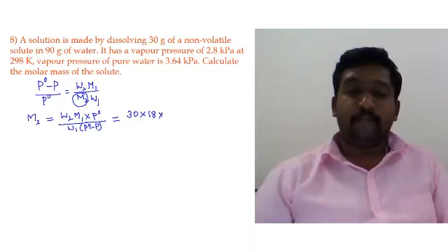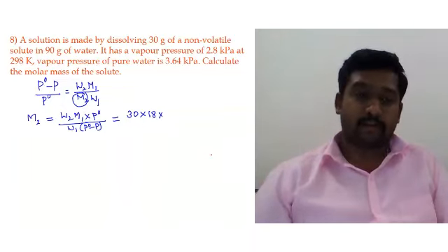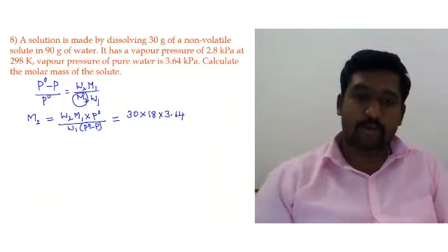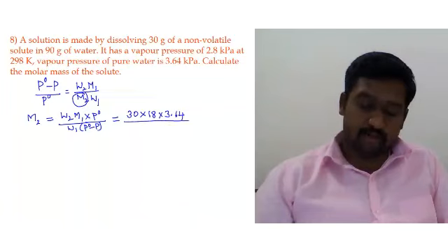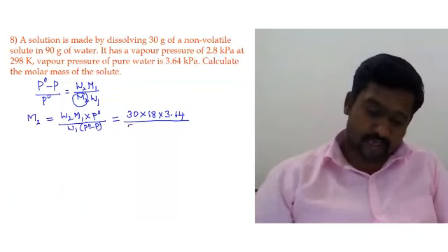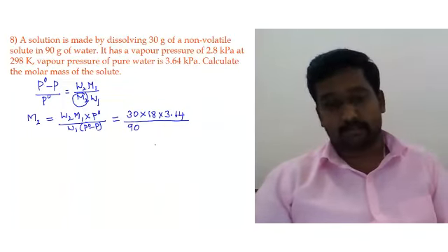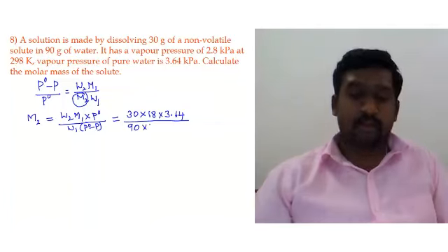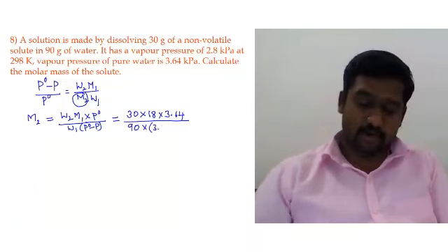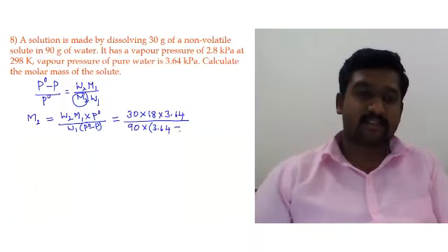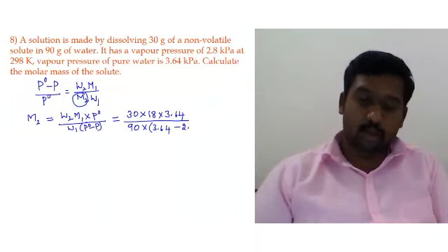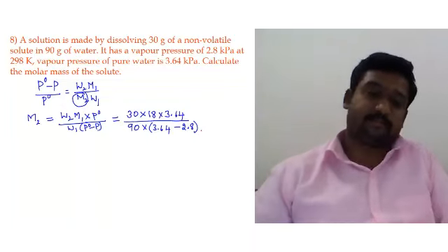Into P0 is vapor pressure of pure solvent, and pure solvent vapor pressure is given as 3.64 kilopascal, whole divided by W1, which is mass of the solvent, and solvent is given in the question as 90 gram, into, once again I have to consider the vapor pressure of pure solvent, which is 3.64 minus the vapor pressure of solution, and vapor pressure of solution is given as 2.8 kilopascal.